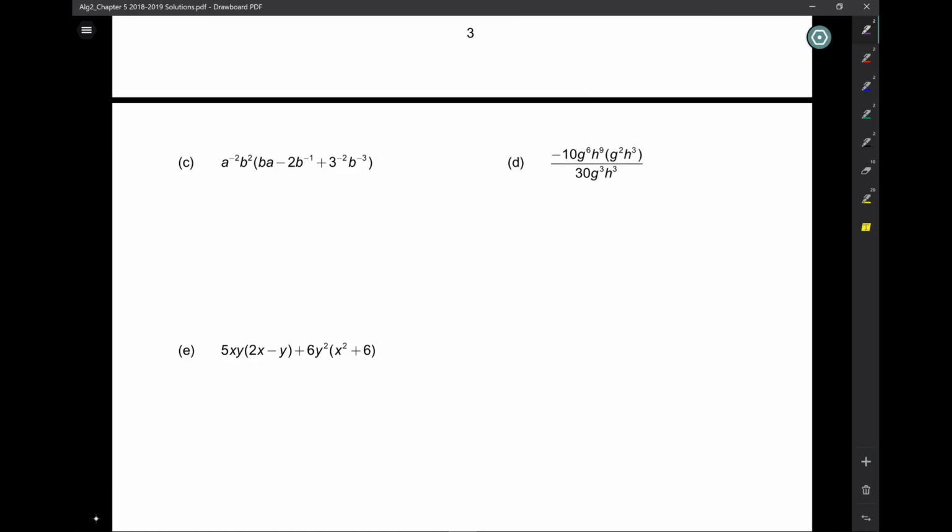Okay, so let's do this one. I'm going to distribute this to each term here. So let's first do this. Okay, a to the negative 2 times a is a to the what? A to the negative 1, b to the 3.